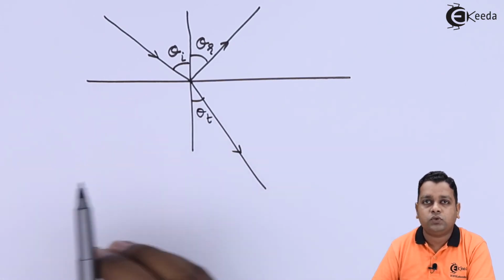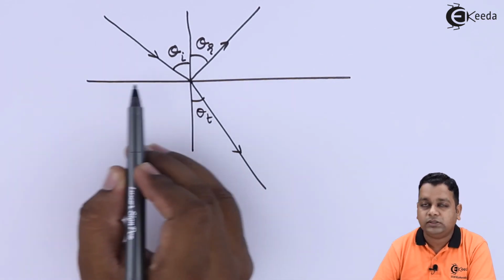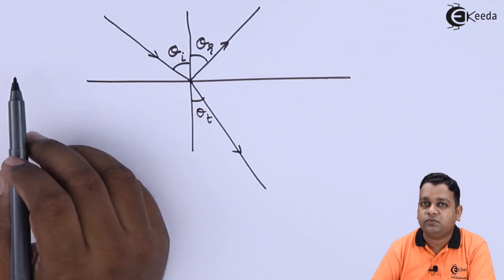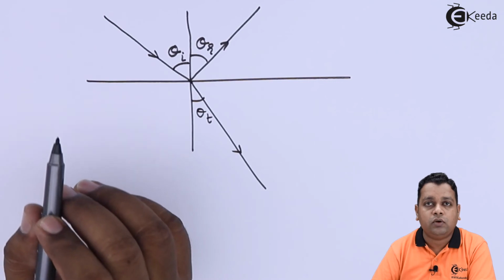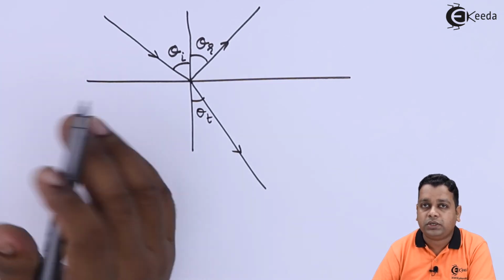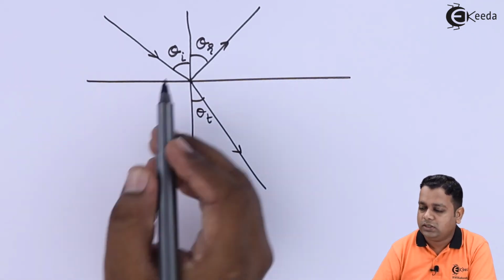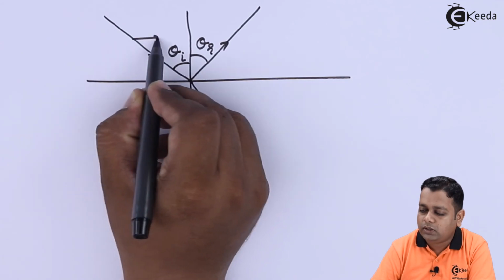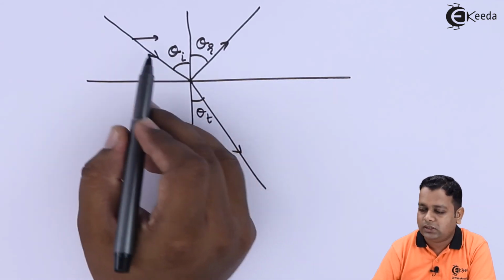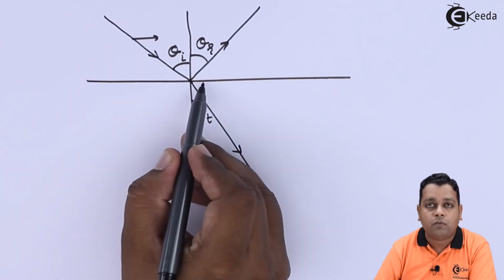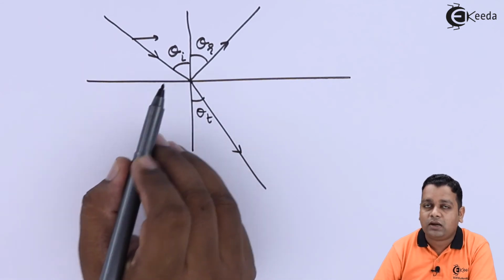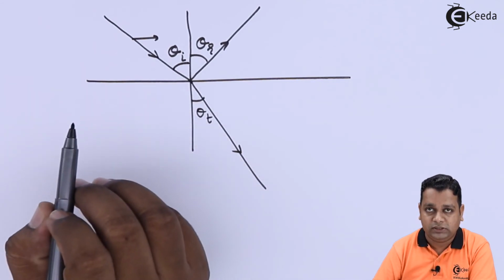Now for this oblique incidence, in the incident wave you can resolve the E component and H component into tangential and normal parts. If the E component is parallel to this particular boundary surface, we can say that E is in the plane of incidence.